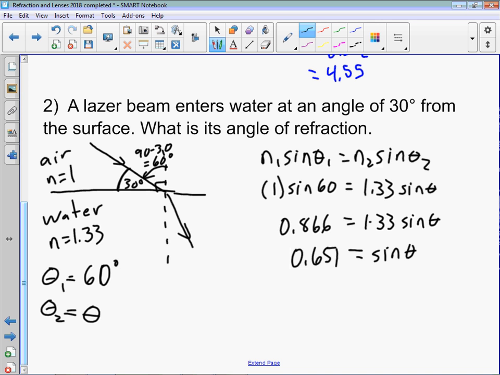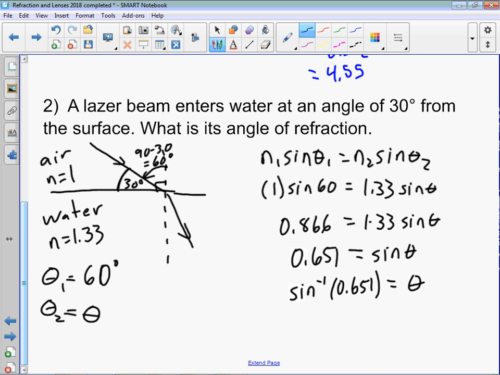So in order to get theta, you need to take the inverse sine of that 0.651, and that will give you what theta is. So you take that 0.651, press second function, sine on your calculator or something to that effect. Again, you will need to know your calculator for your test, which means that when you're writing a test or doing your exam and you're doing questions like these, it really helps to have your own calculator.